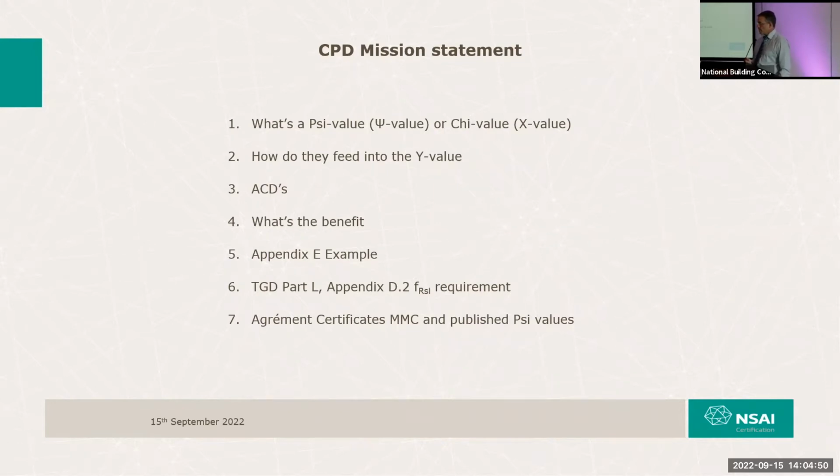It's the house that is given as the compliant example in the back of Technical Guidance Document Part L. We look at the other aspect of Appendix D2 on the overarching requirement to make sure that your details in the first place are robust, which has been mentioned earlier. And we'll take a brief look at Agrément certs for model methods of construction and the published Psi value tables contained within them.